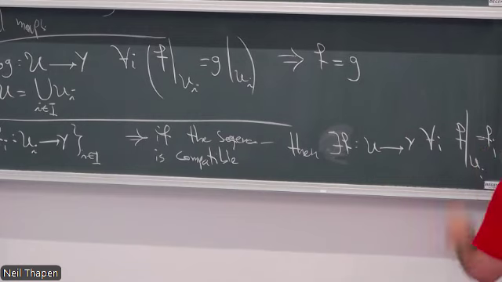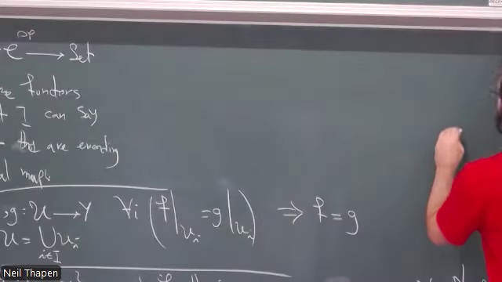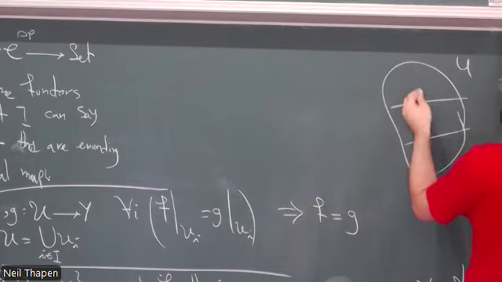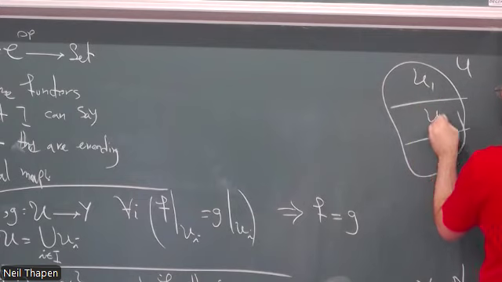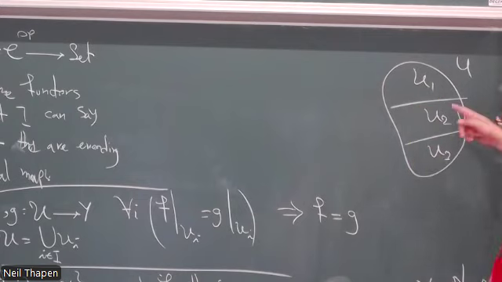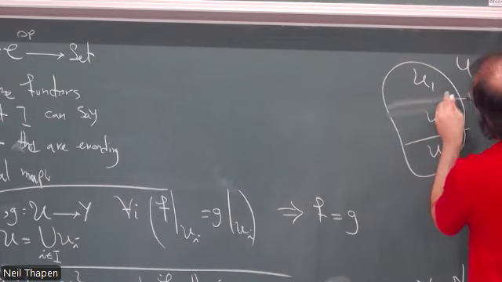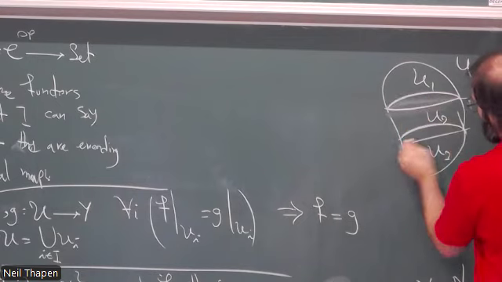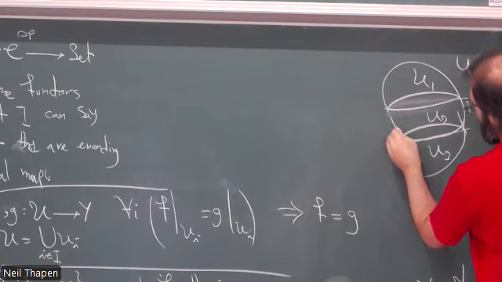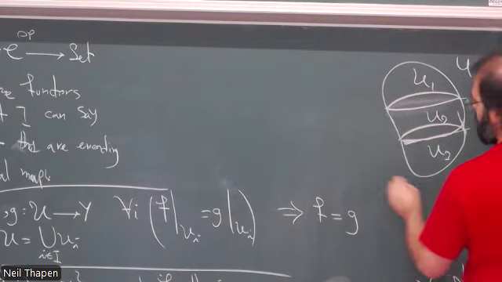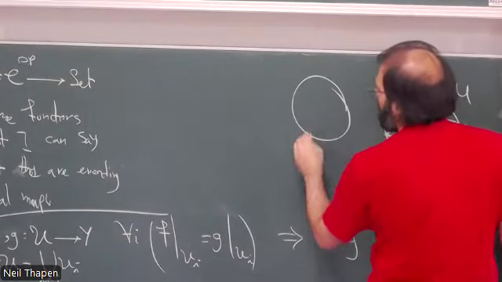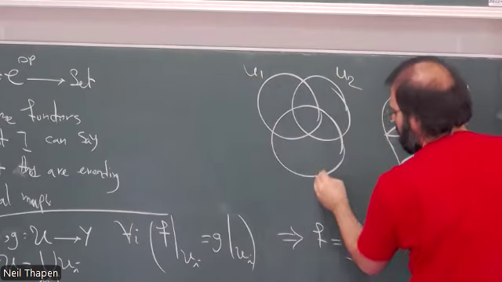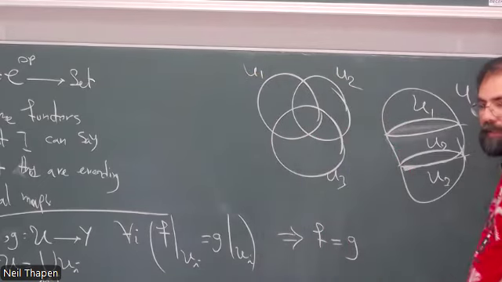What I'm saying is something like this: let's say I have U, and then this is not necessarily a partition, but whatever. So this is U1, U2, U3, and the union of all three is U, right?